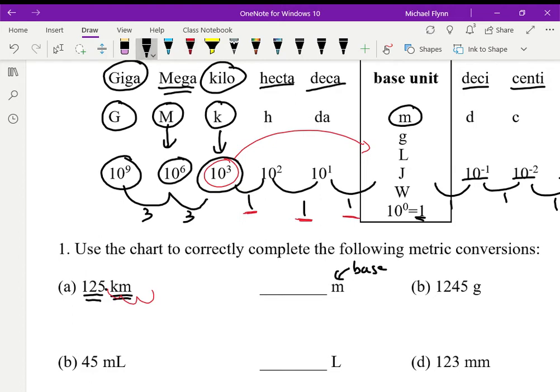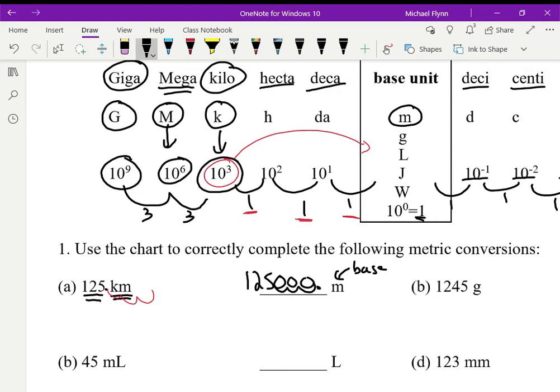So watch, I'm going to write 125, and then I'm moving the decimal 1, 2, 3 places. I'm going to put 0, 0, 0. Now the decimal's over here. So my answer is 125,000. That should make sense to you, that if 1 kilometer is 1,000, then 125 should be 125,000, right?